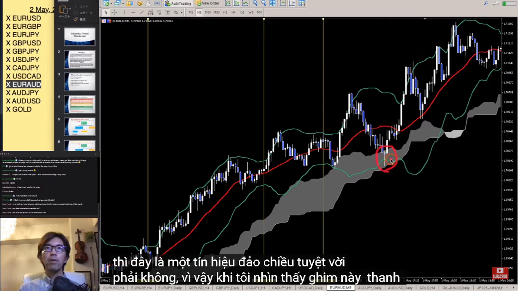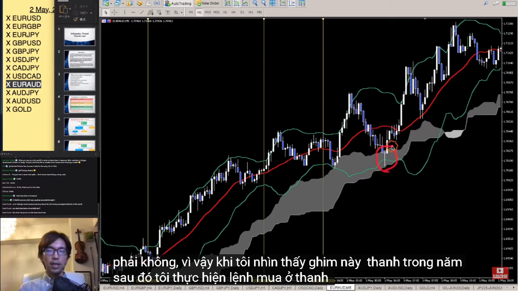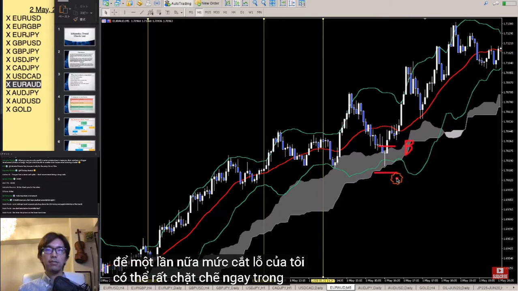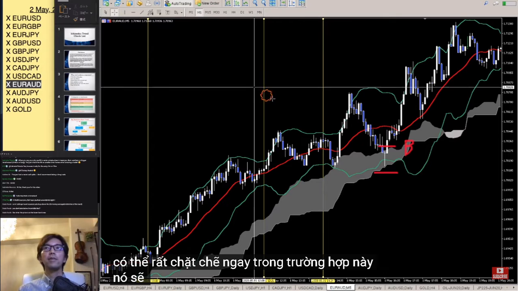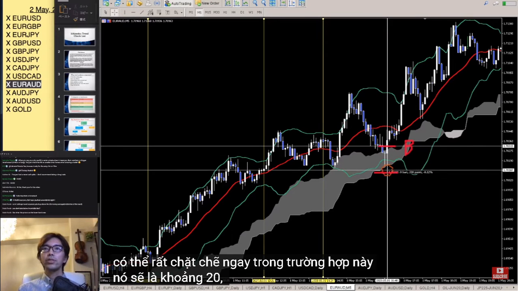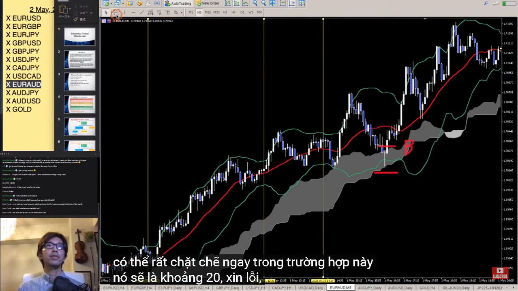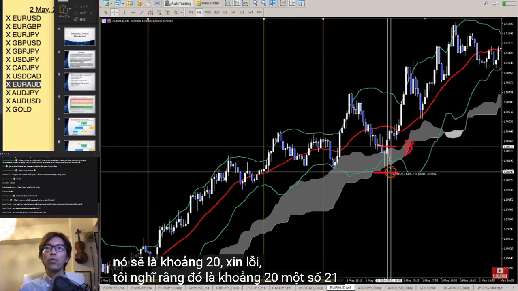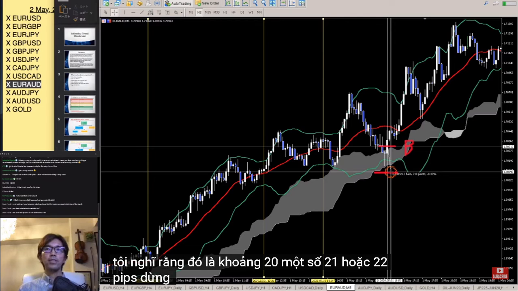So when I see this pin bar in 5, then I take a buy at the next candlestick, so that again my stop loss can be very tight, right? In this case, it's going to be about 21 or 22 pips of stop loss, right?